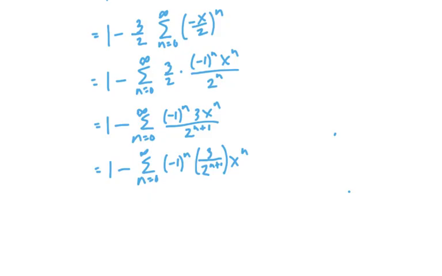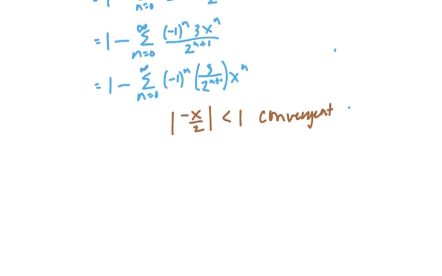Now, if we go back up here, we can see that our r is negative x over 2. So we can say that this series is convergent when the absolute value of negative x over 2 is less than 1. So the absolute value of x, which we don't need to write the negative anymore, is less than 2.